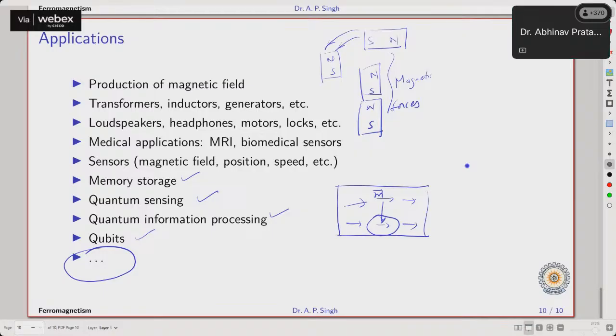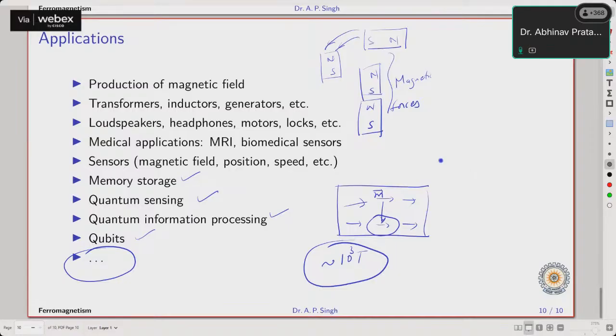And as I said, the Weiss field, if I convert it in terms of Tesla, is of the order of 1,000 Teslas, which is an extremely, extremely strong magnetic field. As I said, we treat this as a magnetic field. It is not an actual magnetic field, but it behaves as if it is one, and it has electrostatic origin.